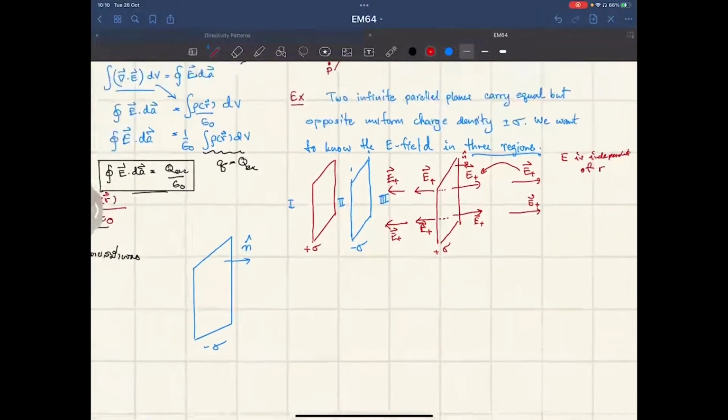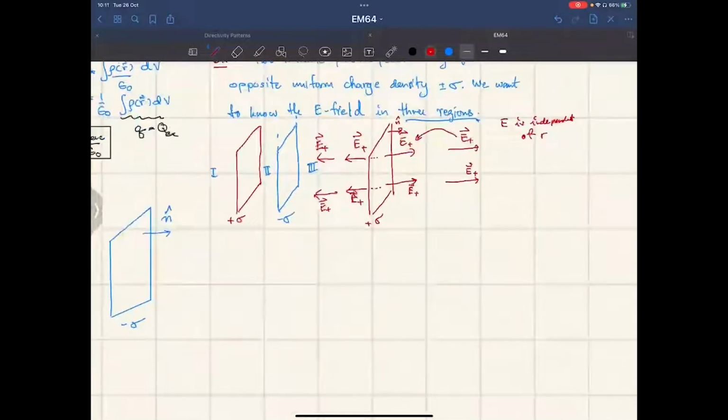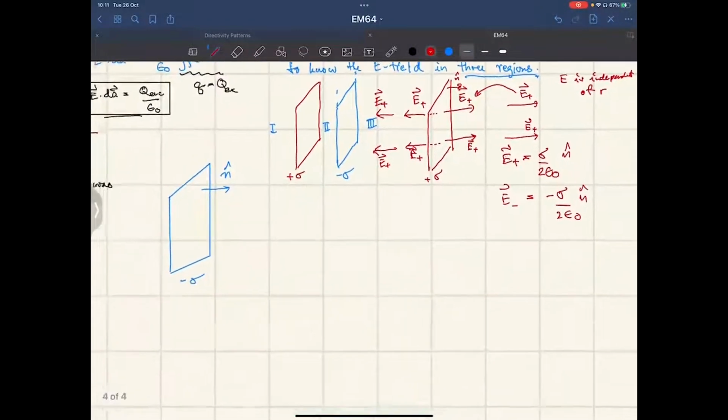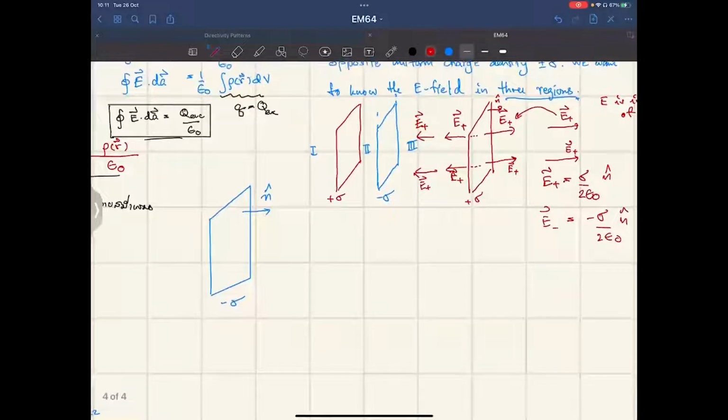If you remember, our E field for this is this one here, and if you have a negative charge here, you can say that it's this one here. Is that clear? So in this case, the field of the negative surface charge goes the other way around. It's going this way.